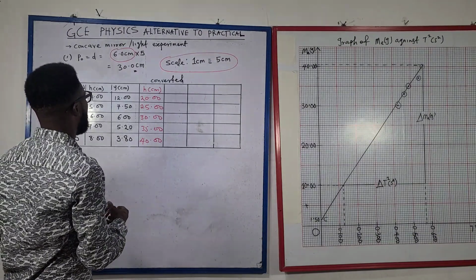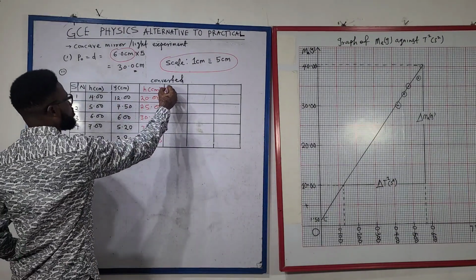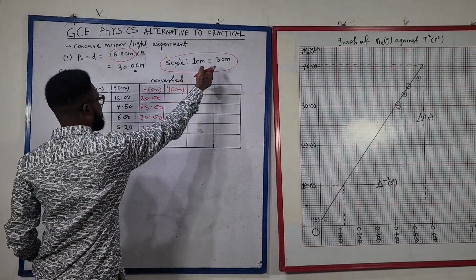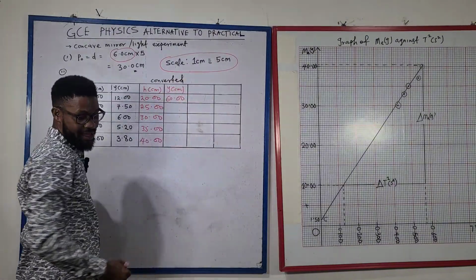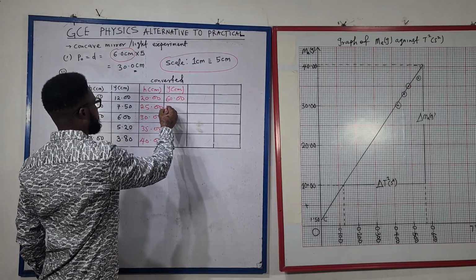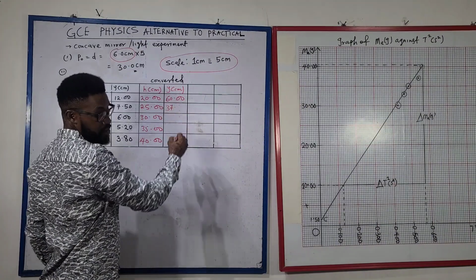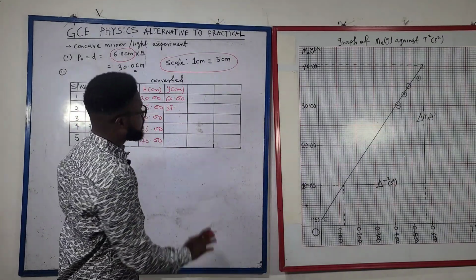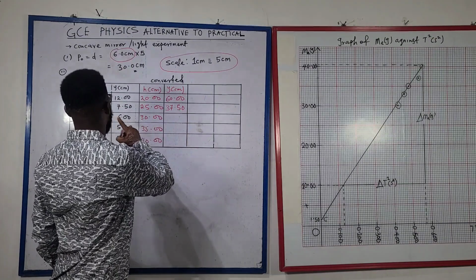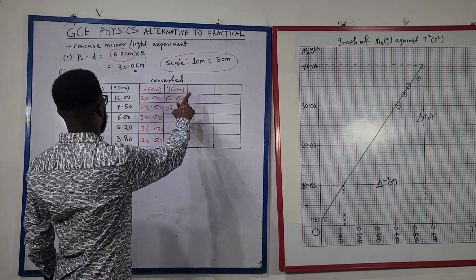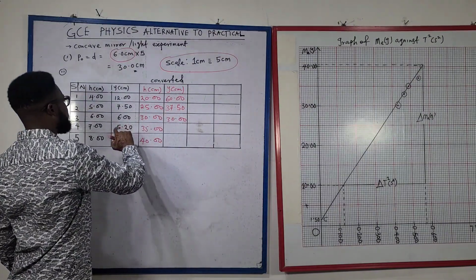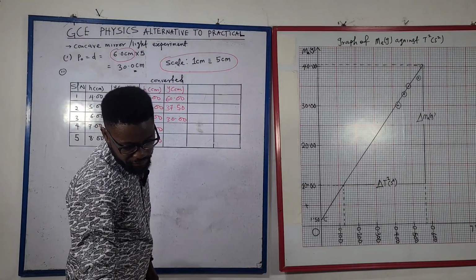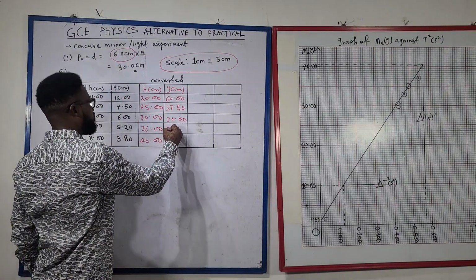And for my Y, that is going to mean the converted form of it using the same scale. 12 times 5, 60.00. 7.5 times 5, 37.50. 6 times 5, that is also 30.00. 5.20 times 5, that is 26.00.